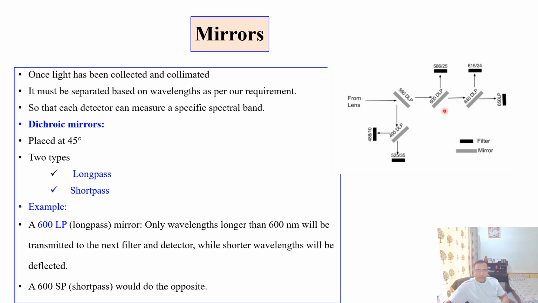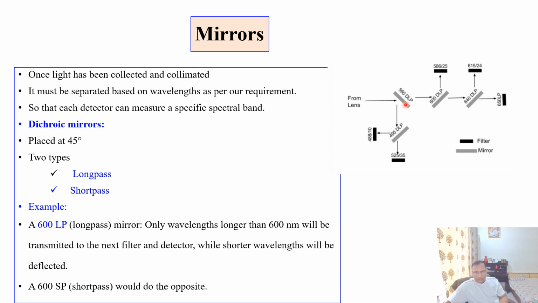Its function is to pass certain wavelengths of light and reflect certain wavelengths of light. There are two types of this mirror, the long pass and the short pass.